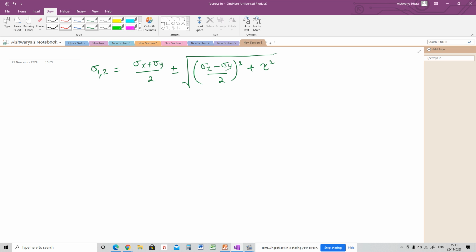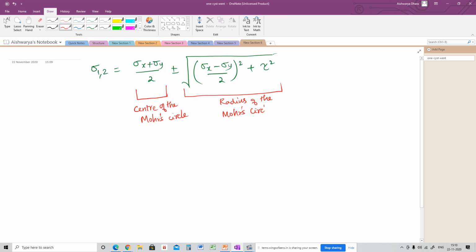So to identify the center of the Mohr circle, this term defines the center of the Mohr circle, and this one defines the radius of the Mohr circle.